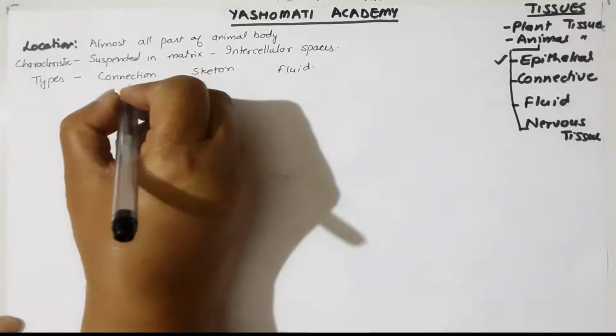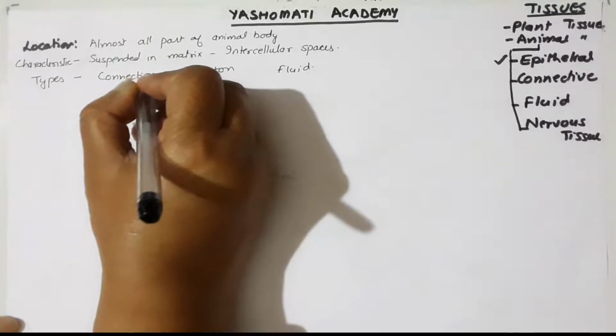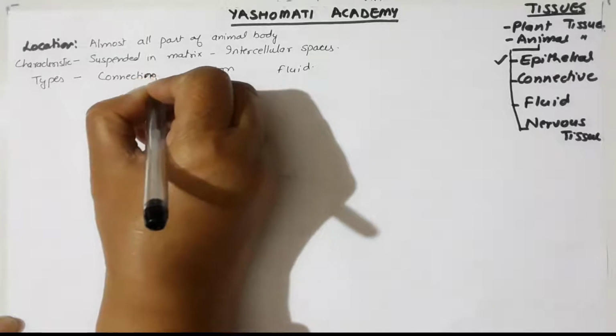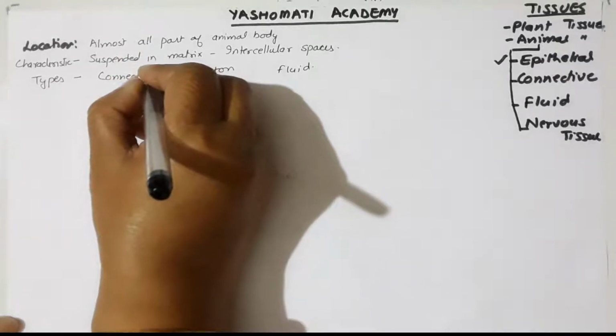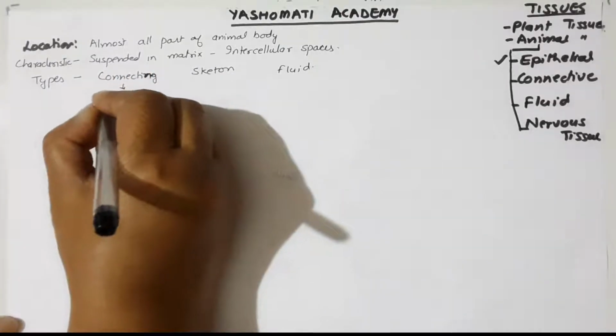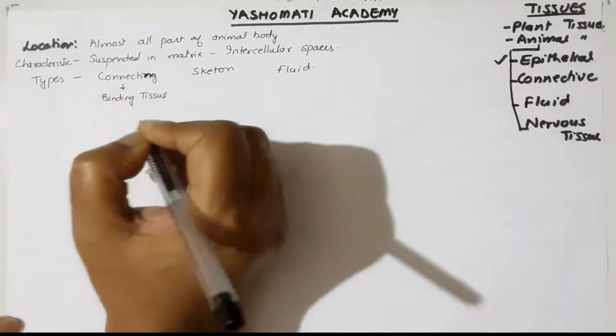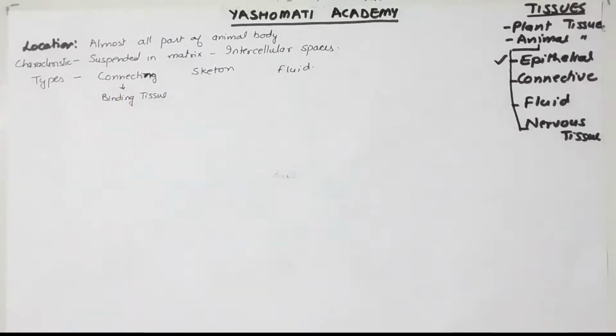Now these connecting tissues, they are also called as binding tissue. Why binding tissue? Because they are binding different types of tissues and organs together. They attach 2 organs or 2 tissues together. So that is why they are called as binding tissue.